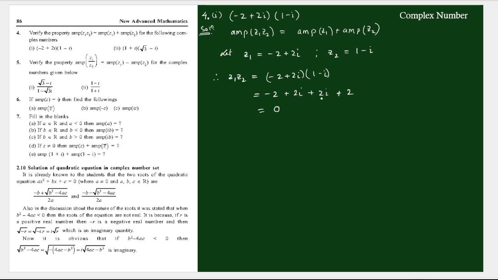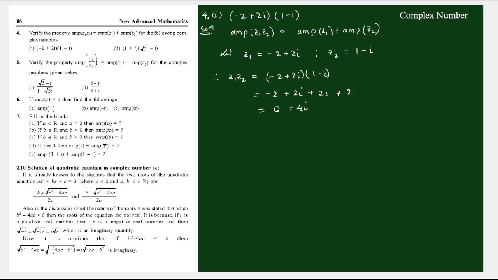Then 2i plus 2i is 4i. Now where does it lie? 0 plus 4i, where does it lie?